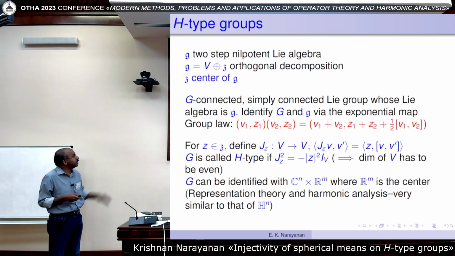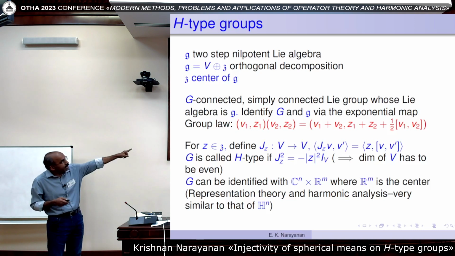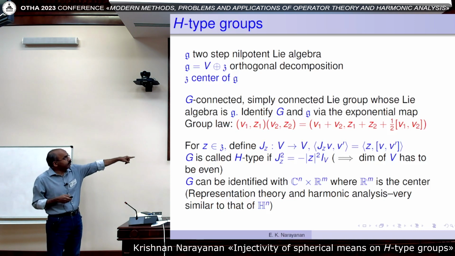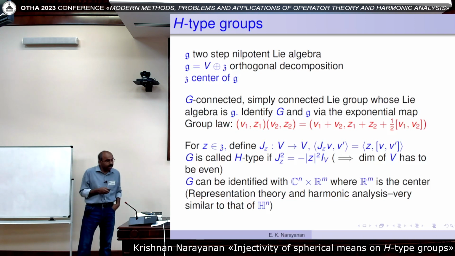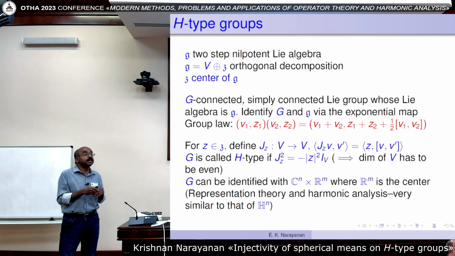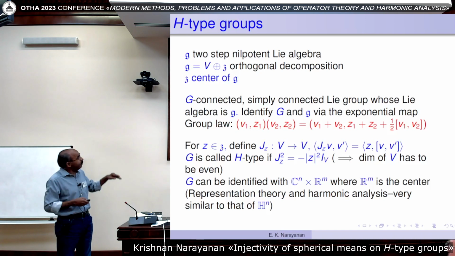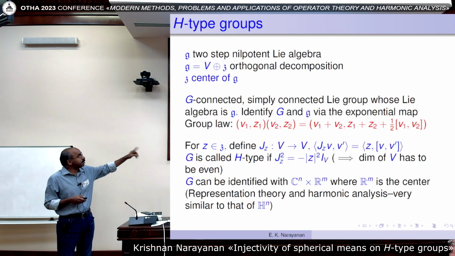I will just define what it is. For each central element z, you can define a map J_z from V to V. Remember, V is the complement of the center. It is defined by the inner product of J_z v with v prime being something; that actually defines a map from V to V, and one has to check that. The group is called H-type, meaning Heisenberg type, if J_z square is minus mod z square times identity.